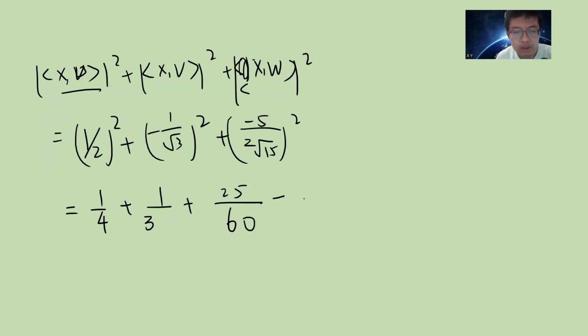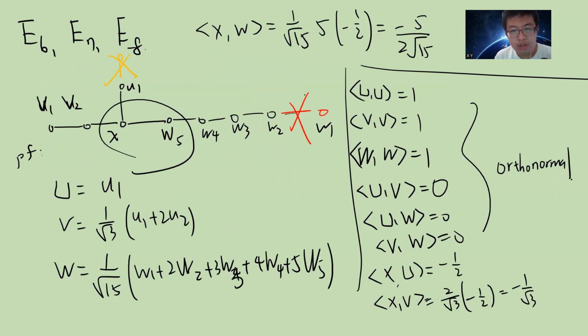Okay, so very tedious, but you get 1. So contradiction, because this will be the norm of x squared, which is 1. So by Bessel's inequality, x is a linear combination of u, v, w, which contradicts the roots being linearly independent. So this is not addable.